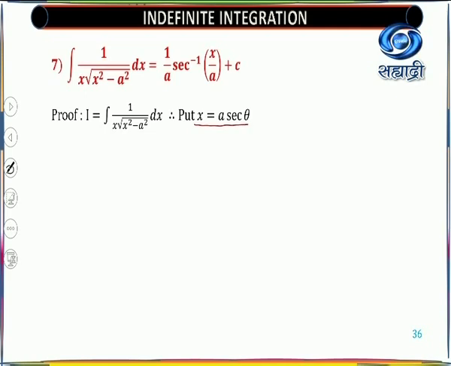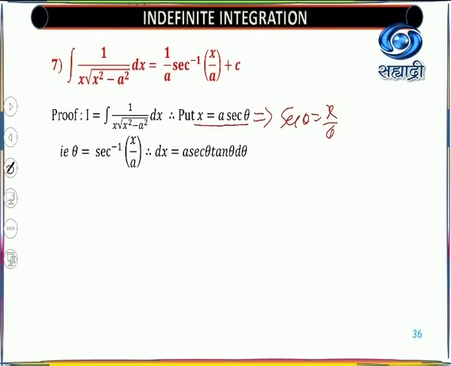Before that we need the value of theta, so we'll write theta is sec inverse x by a, because sec theta is equal to x upon a gives you in inverse trigonometry theta equal to sec inverse x by a. Now differentiating, you get dx equal to a sec theta tan theta d theta.